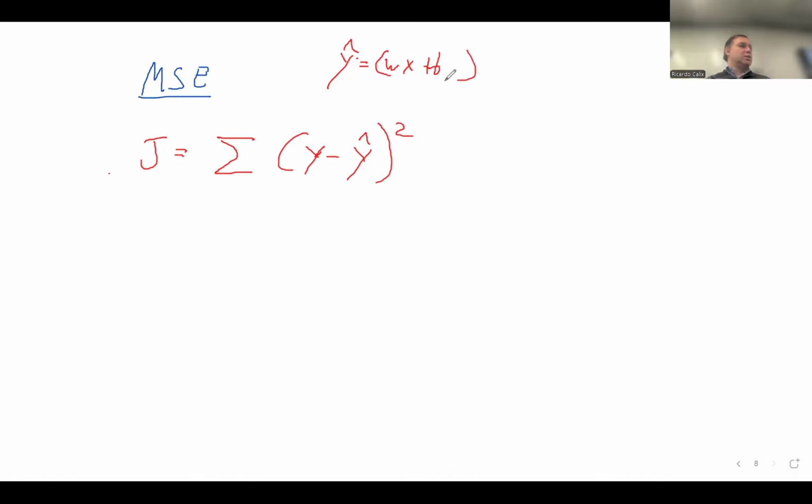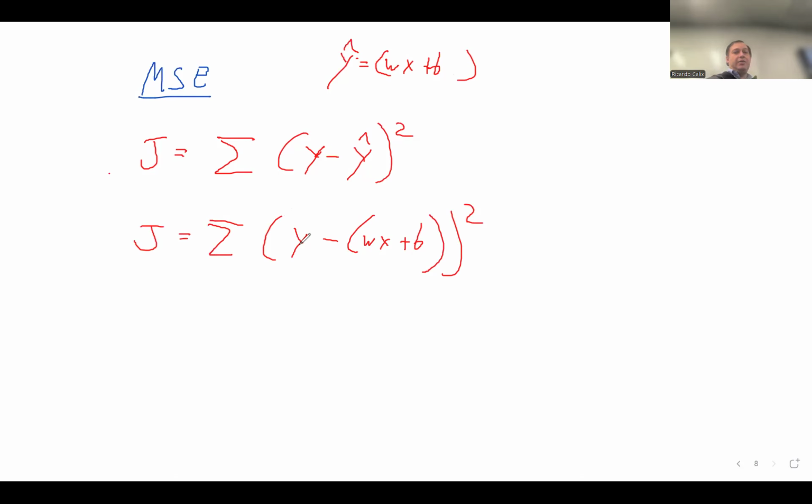That function. So essentially J is really (y minus (wx plus b)) squared. Do you see that? So it's actually incorporated there.